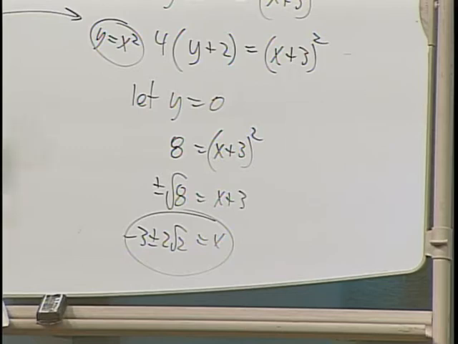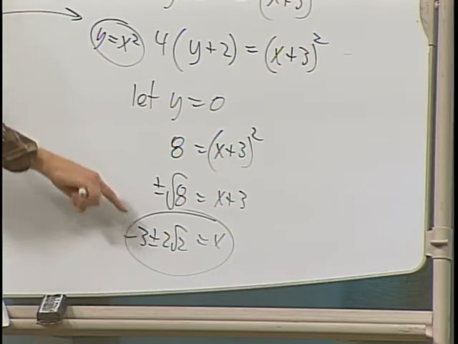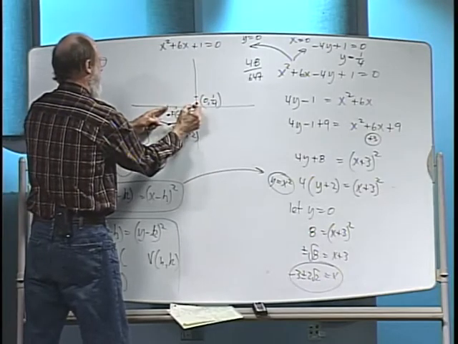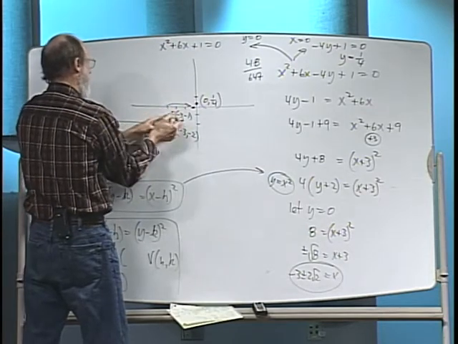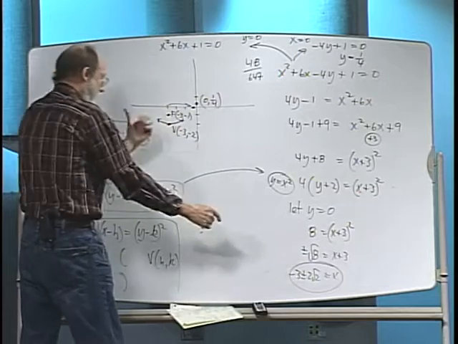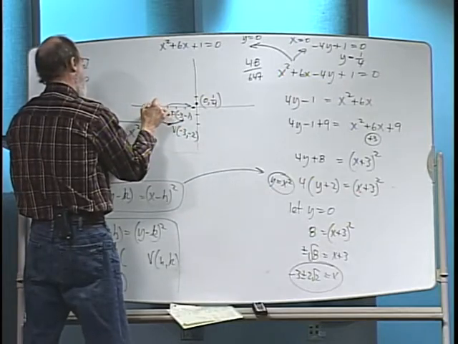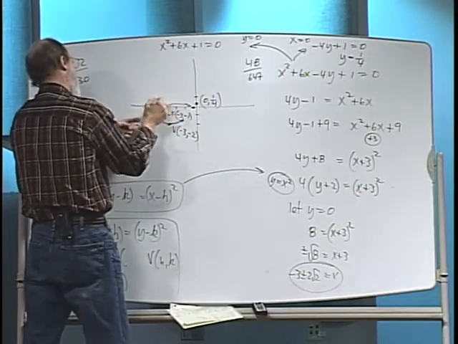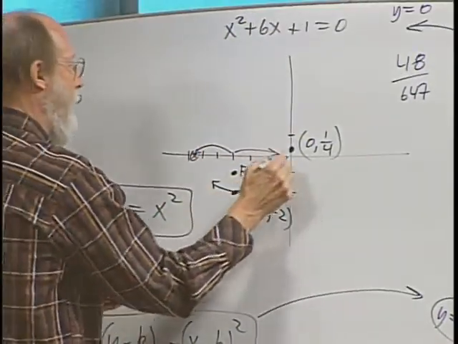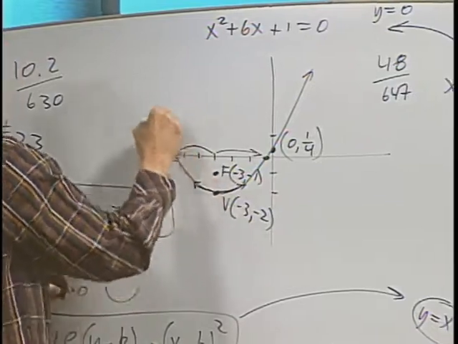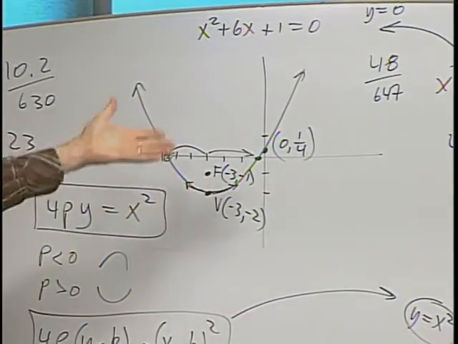So notice the symmetry there. Negative 3, and to the right, square root of 8, which is almost 3, to the right of that spot, and then negative 3 minus square root of 8, almost 3 to the left. So I can eyeball that pretty accurately, and now I can finish my sketch, and it feels much nicer.